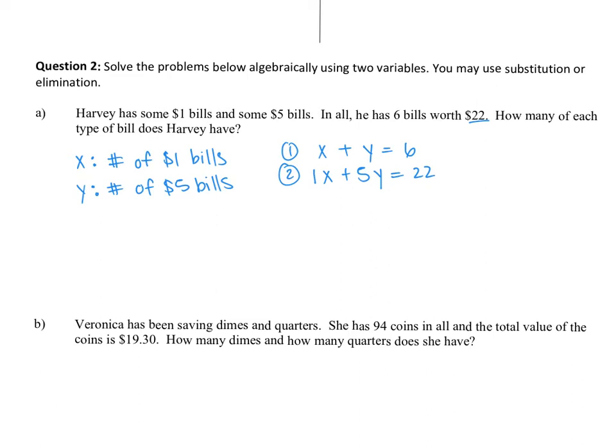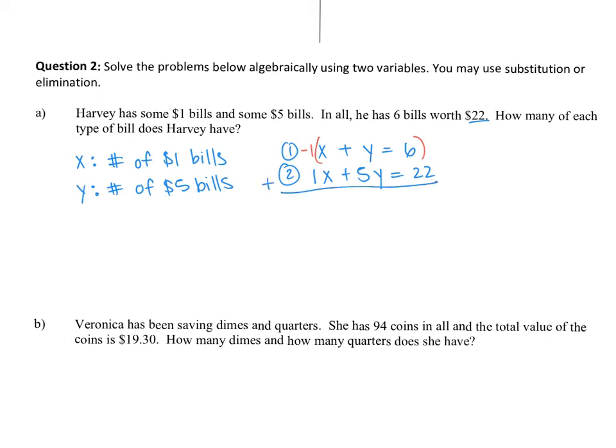So looking at this, I noticed that the x's have the same variables. This is already a 1x technically, but in this case, I want this to be a negative x, so that it can cancel out with the bottom. So I'm going to multiply by a negative 1 to force it to be a negative x.